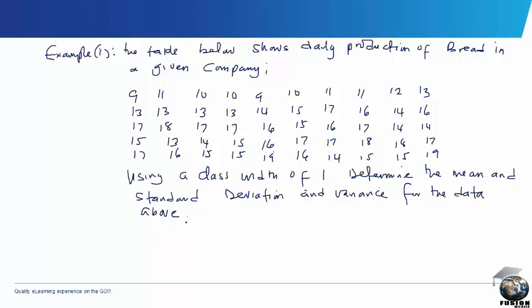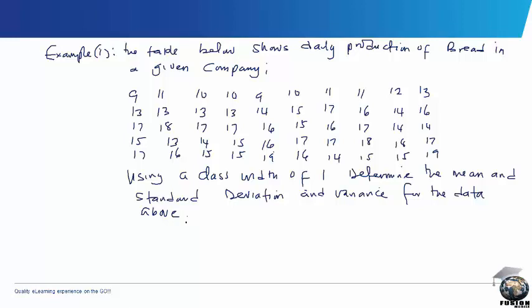So all we have to do now is to classify them according to intervals using a class width of 1. A class width of 1 means 9 to 10, 11 to 12, 13 to 14, and so on.